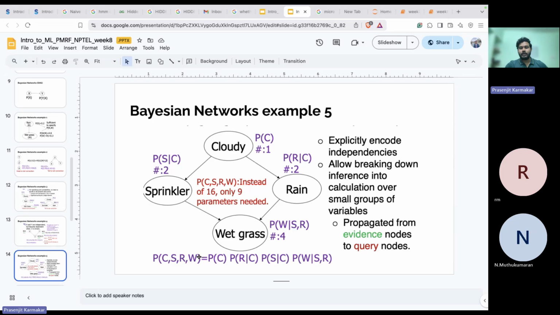For example, if I want to jointly compute all probabilities, I can just multiply these three probabilities. Cloudy is an independent event. It triggers sprinklers or rain, and both of them can cause wet grass, right?